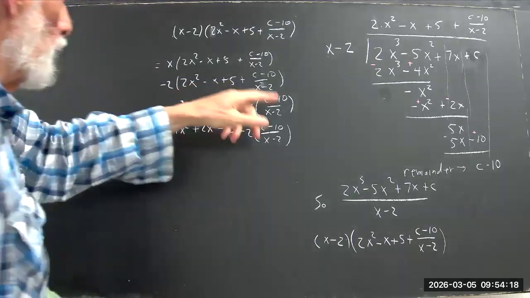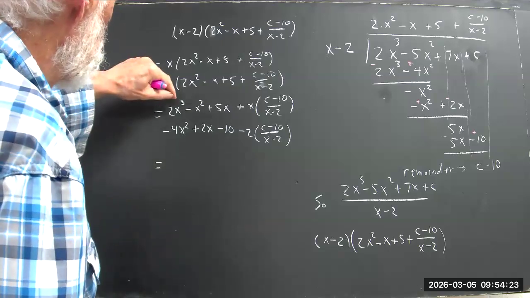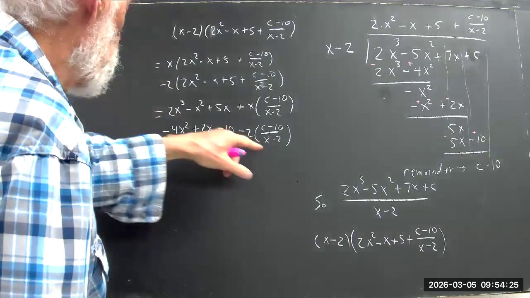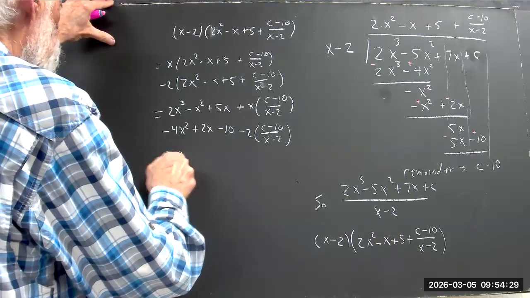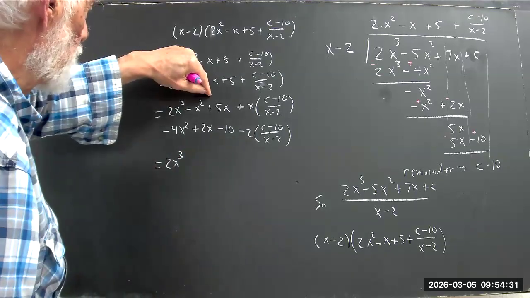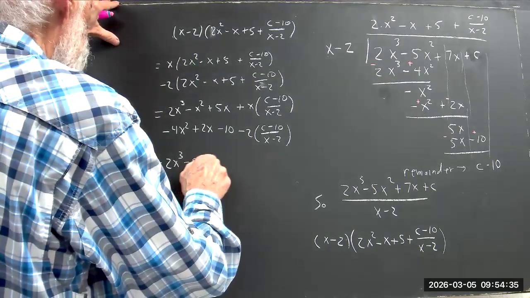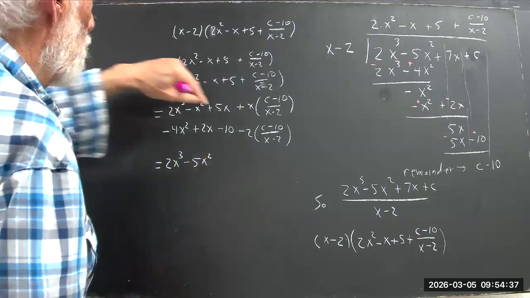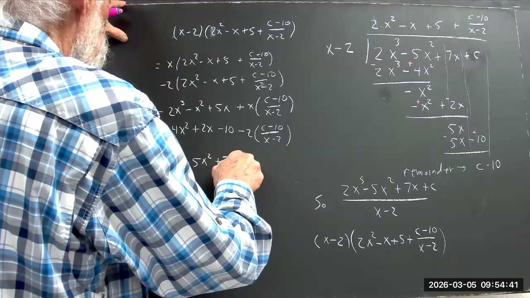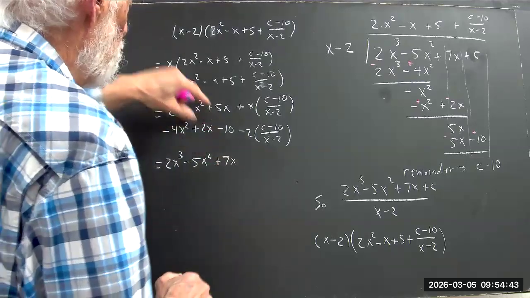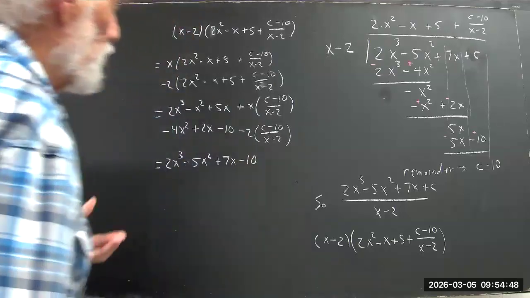Now, we have all these terms. We've got to add them up. Well, we've got 2x cubed, and there are no other x cubes to add, so that's all of our x cubes. We have a minus x squared and a minus 4x squared, which gives us minus 5x squared. We have a 5x and a 2x, which gives us 7x. And we have a minus 10, no other isolated numbers.